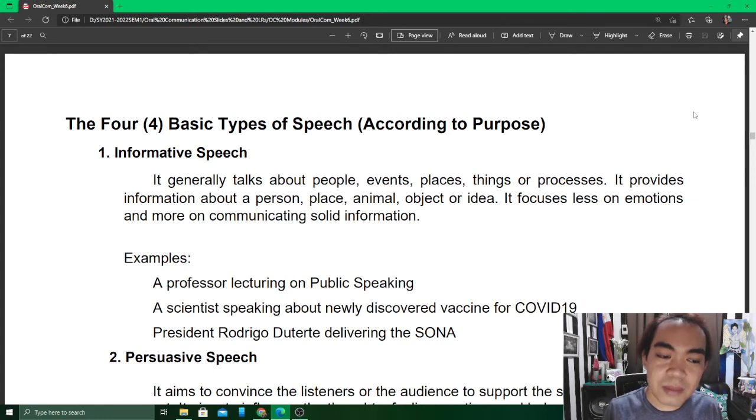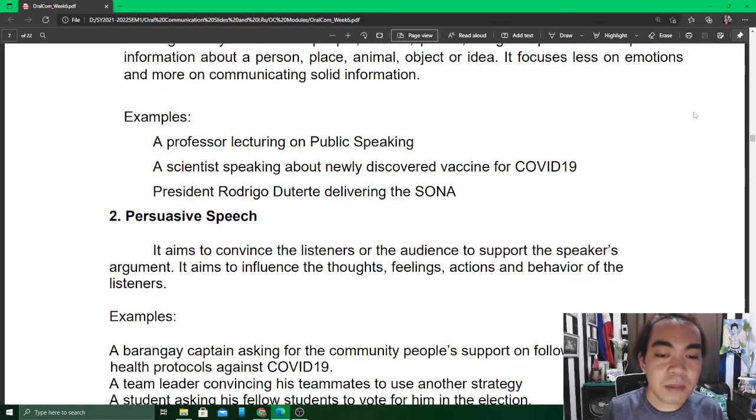That is informative speech. Examples: a professor lecturing on public speaking, a scientist speaking about a newly discovered vaccine, President Rodrigo Duterte delivering the SONA or talking to the people every week. Those are examples of informative speeches, so that we get the information, the data that they need to deliver.